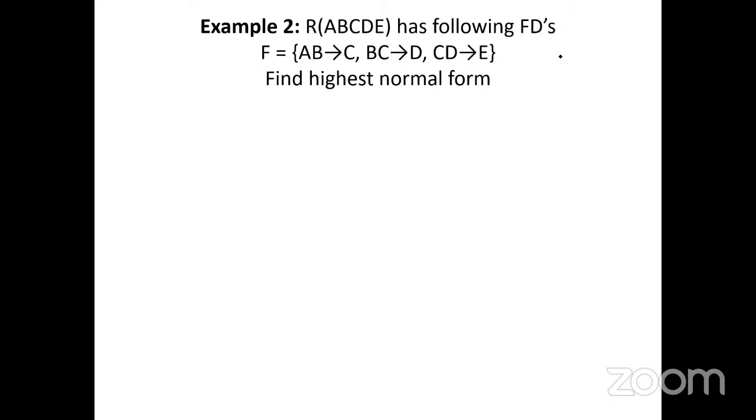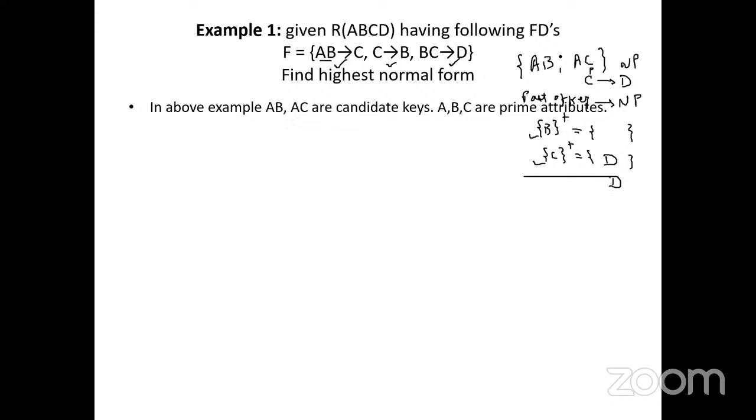The definition of partial dependency is that a subset of the candidate key should not determine a non-prime attribute, right? Yeah, exactly. So in the previous case, even if you take B and C individually, they are subsets of the candidate key, and therefore by definition they have to be partially dependent, irrespective of whether C determines B or not.